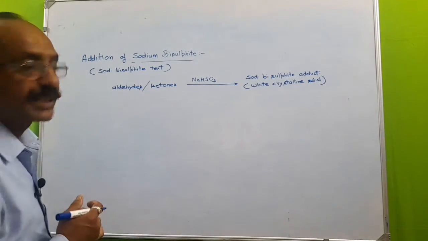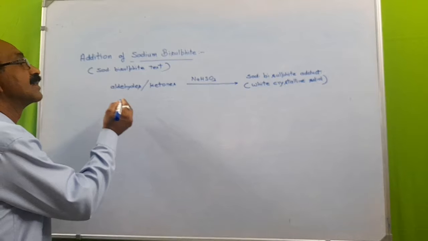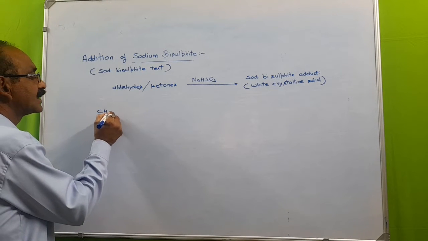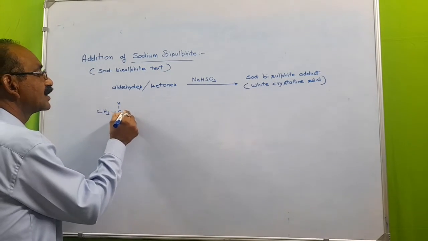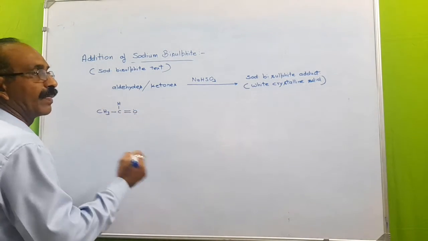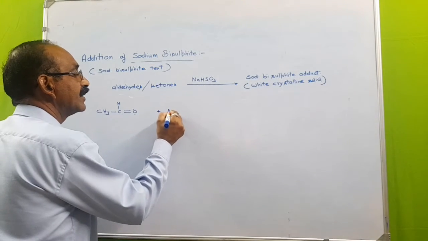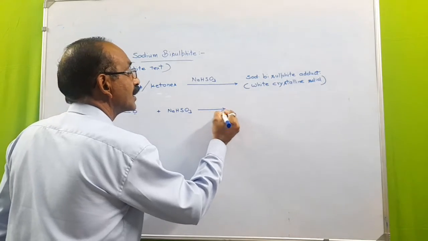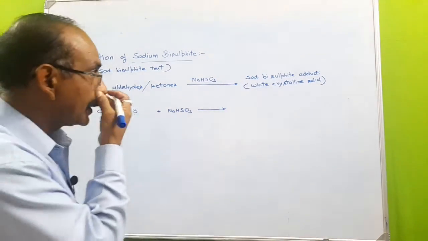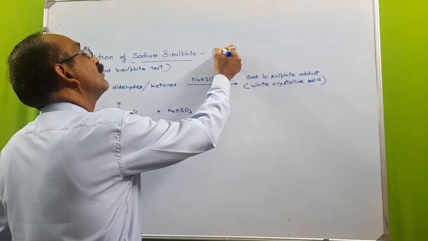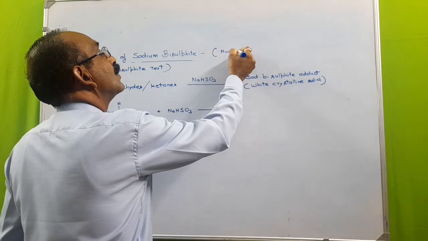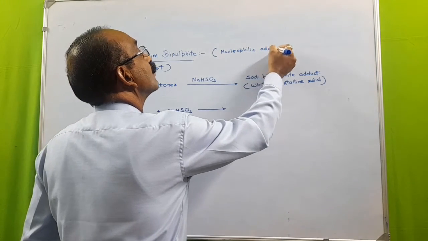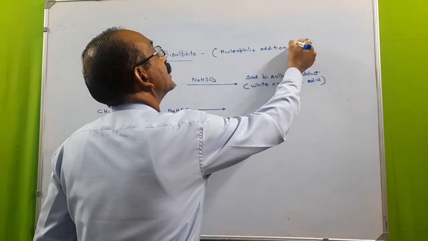Now what chemical change occurs here? We'll see it. Let our aldehyde be CH3CH double bond O, and when it is treated with NaHSO3, the reaction is an example of nucleophilic addition reaction.